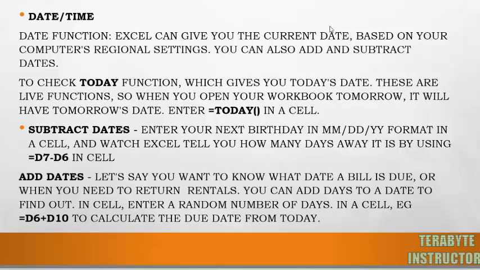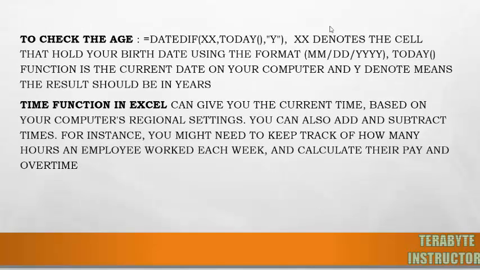Now let's look at the next item I have here, which is to check the age. If you want to check the age of anything, you need to use a function called DATEDIF. When you open the bracket, the first value you need to enter is the cell where you have your birth date.